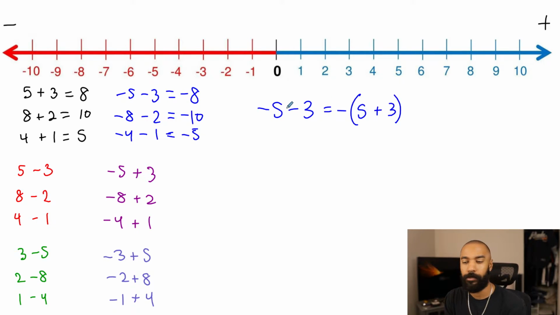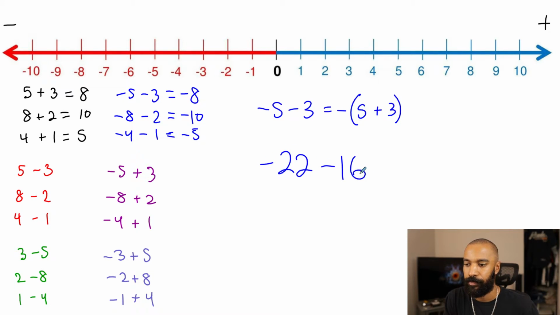So when we run into another problem, let's do this problem. I'm not going to do single digits. Let's do double digit. Let's do negative 22 minus 16. So I start left, I go further left. Numbers getting bigger, that's like addition. So let's do 22 plus 16. What is that? I want you to think about it. 22 plus 16. Got it?